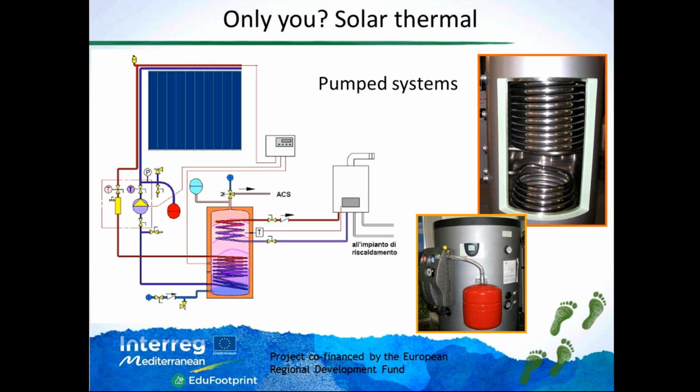The important thing is that the solar heat exchanger is operating in the lower part of the storage. And this is done because, of course, the storage has a stratification of temperatures. So it's colder at the bottom and warmer at the top.